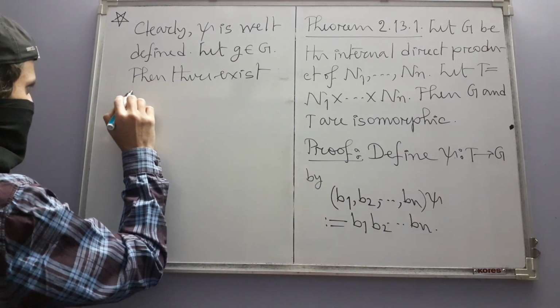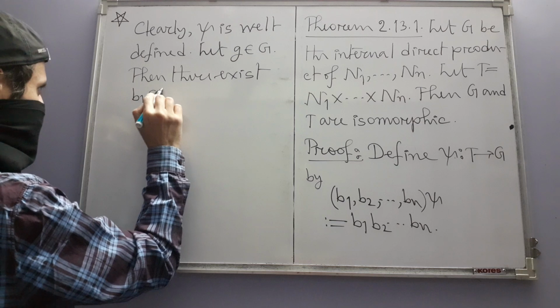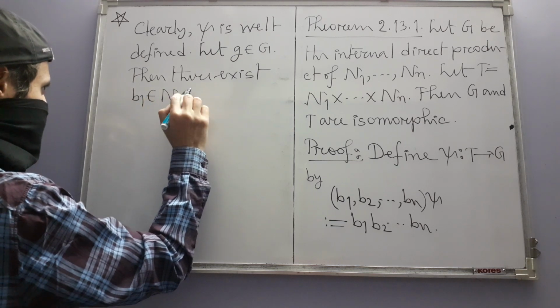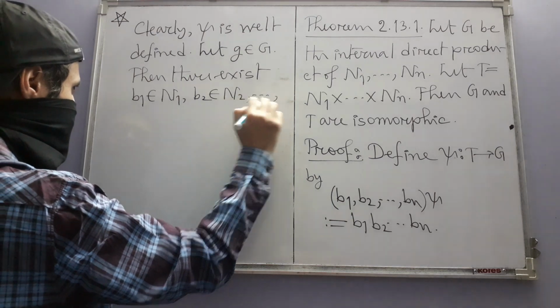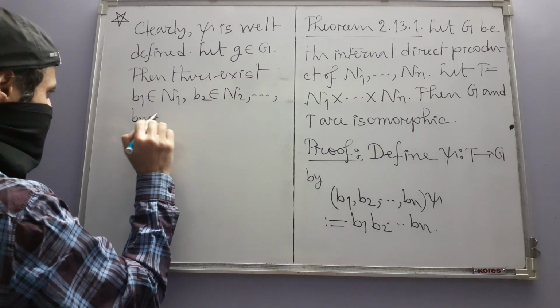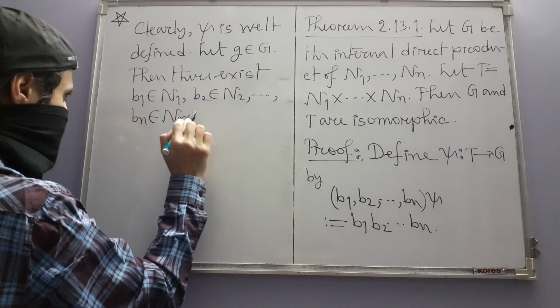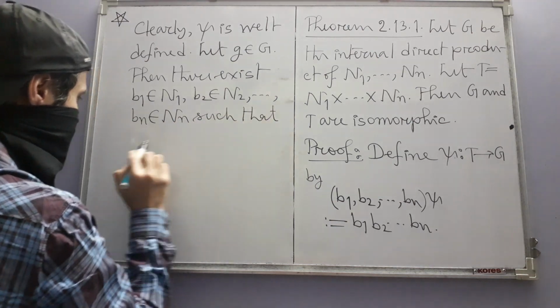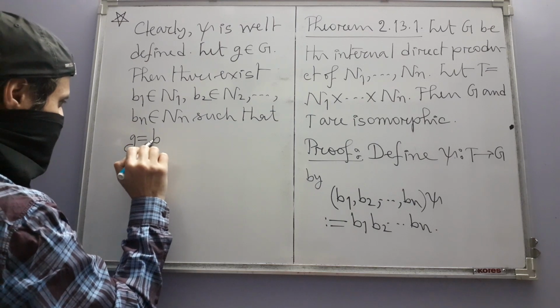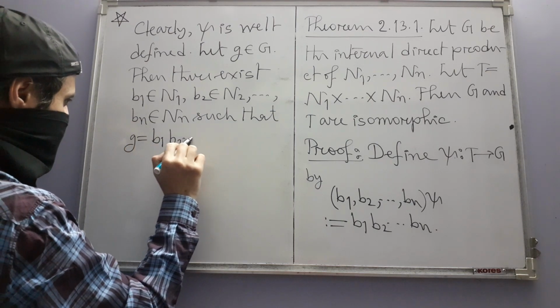That is why there exist such elements b1 in N1, b2 in N2, and so on, bn in Nn, such that g is their product.